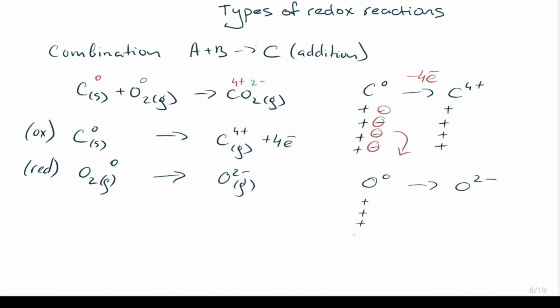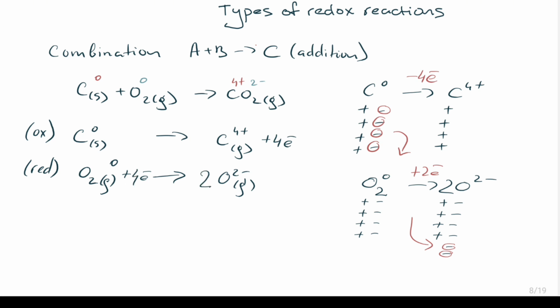For a neutral atom, let's write 4 pluses and 4 minuses. For the charged one, there should be 2 extra minuses. So you will get 2 extra electrons. If you accept electrons, it will be a reduction process. So you will write plus 2 electrons. But the mistake here is that you have 2 atoms of oxygen. You cannot separate the molecule.